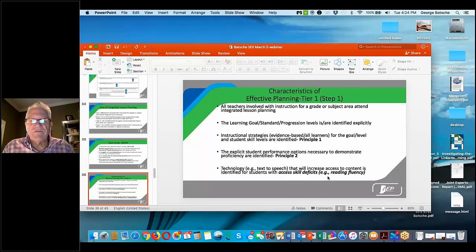Characteristics of planning. All the teachers were involved with the instruction for the grade met. The standards were identified. Instructional strategies for the grade level and student skill levels were identified. That's principle 1, multiple ways of representing. Explicit student performance options for Brian in particular, and students like him, necessary to demonstrate the proficiency were identified.